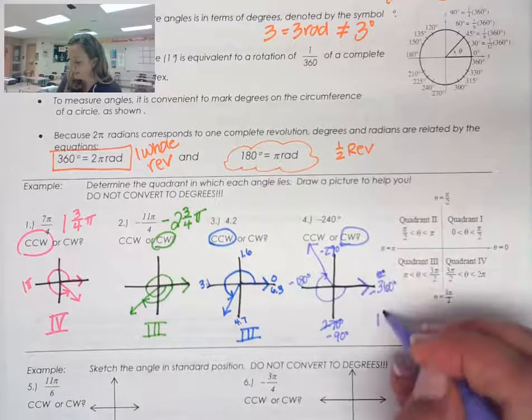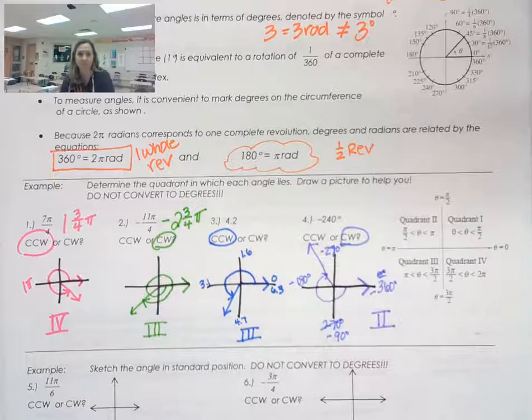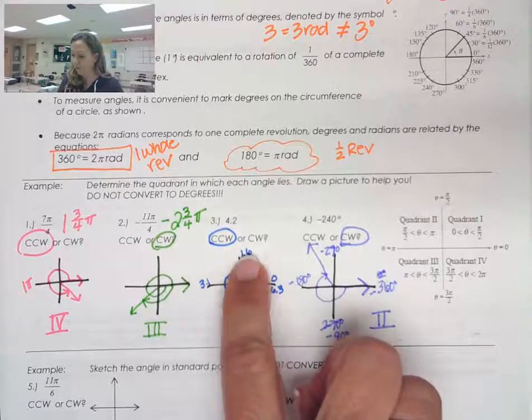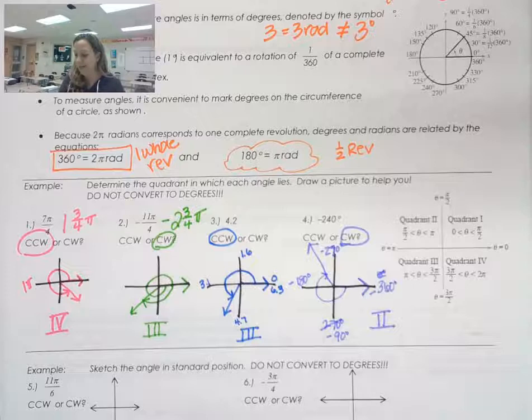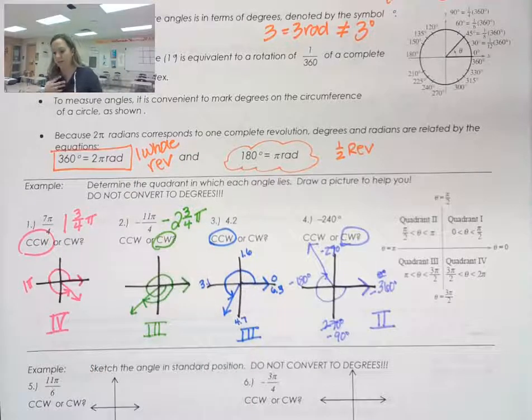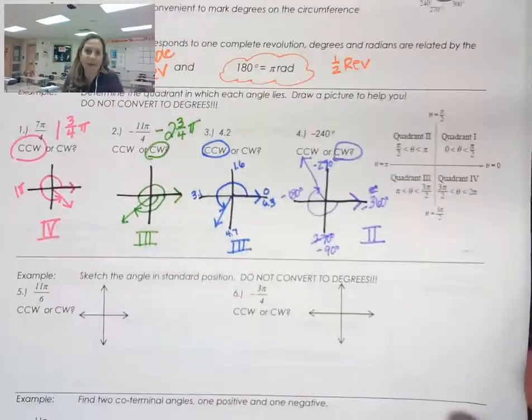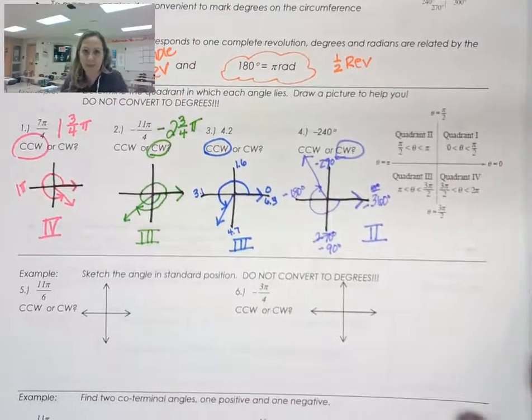And we can see that that lives in quadrant 2. So again, try to think about the relationships, use your axes as landmarks. And with fractional values of pi, really think about using mixed numbers and where pi would land, okay?